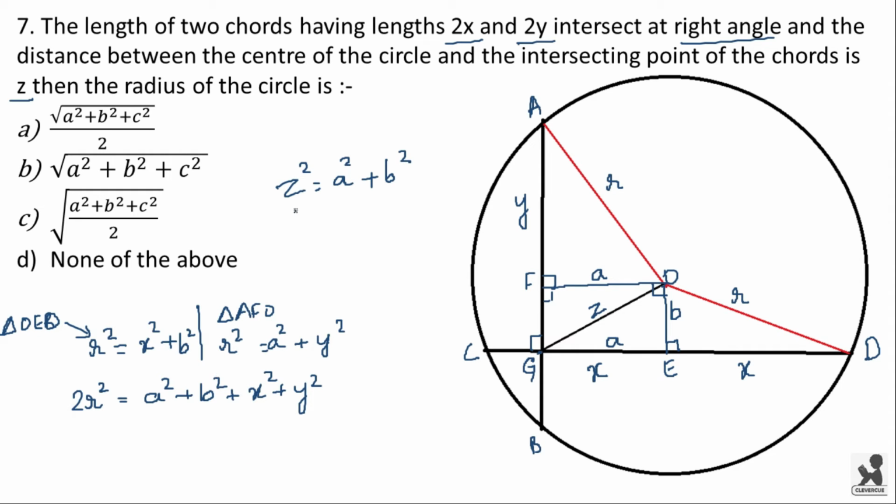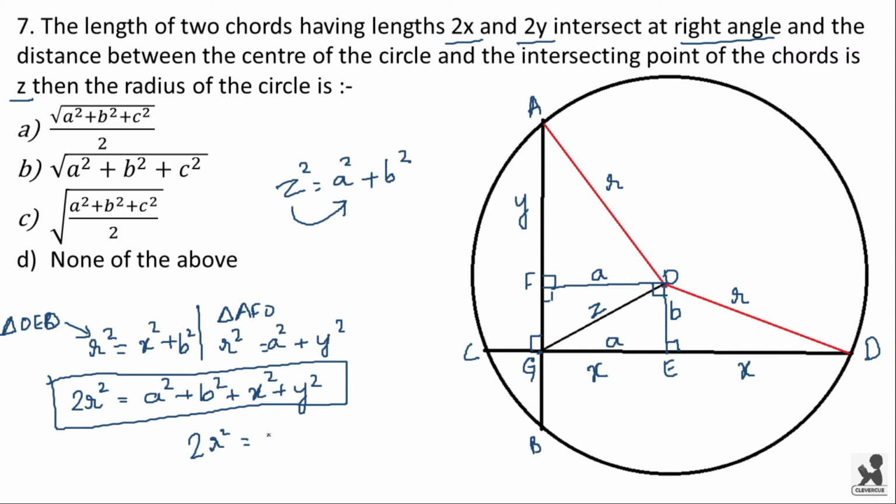So if we substitute the value of z square in this equation, we have 2r square is equal to x square plus y square plus z square, and from here if you divide both sides by 2 and take square root on both sides, we get the value of r is equal to under root x square plus y square plus z square by 2.